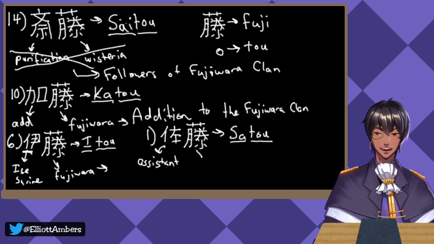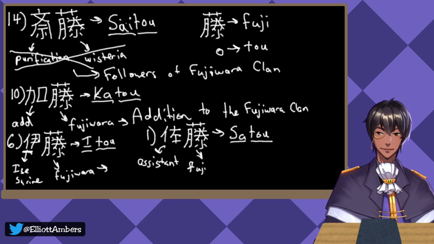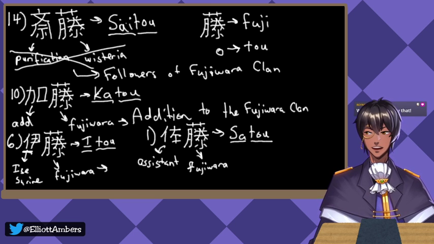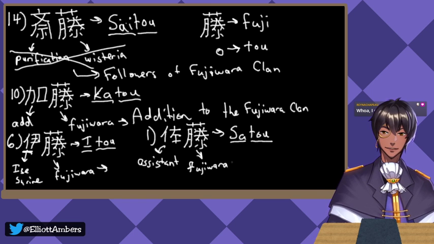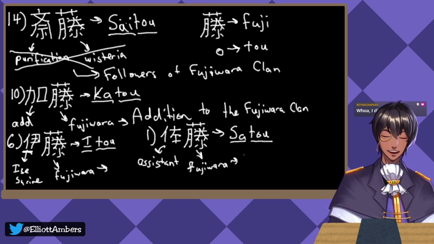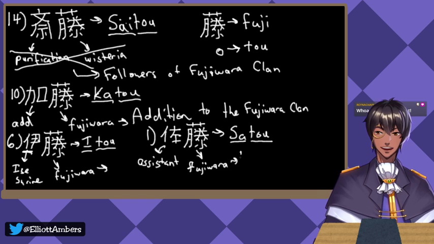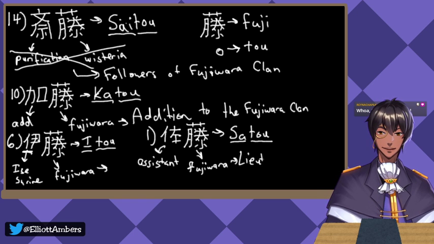I think this is actually really, really interesting. It really just goes to show how powerful this clan was. Essentially, the history that I learned here was that this literally translates to Lieutenant of Fujiwara.